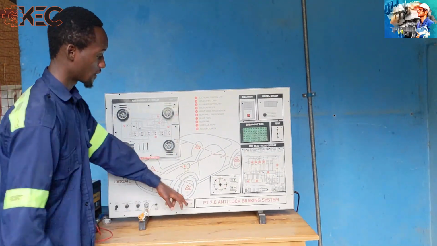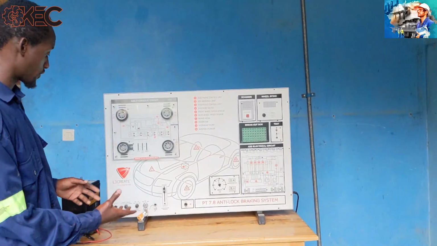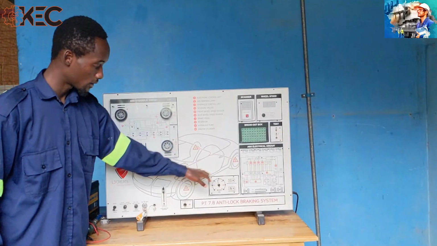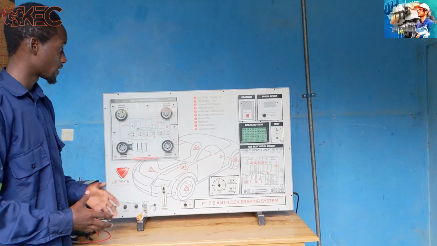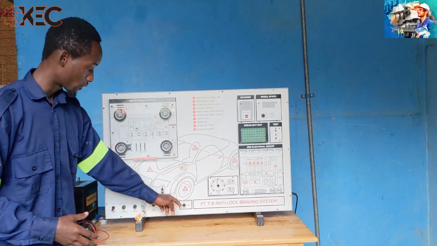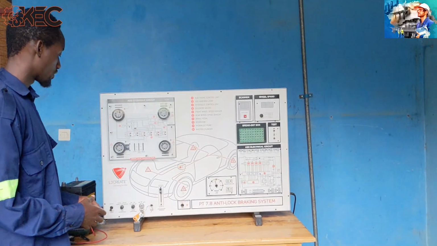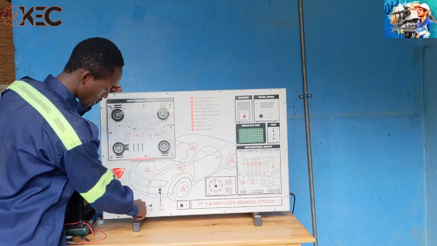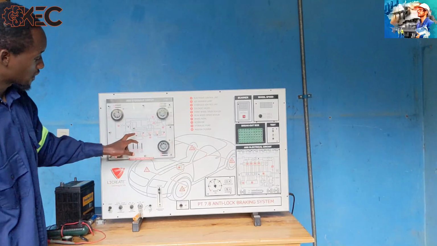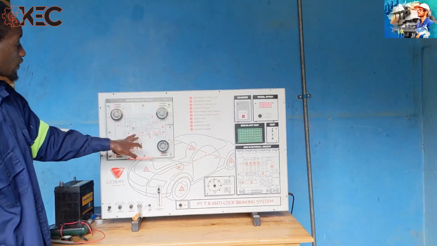It means that the electricity comes from the power to this ABS panel. So it's in the on position. You just turn on the lamp. You see that it will be activated.